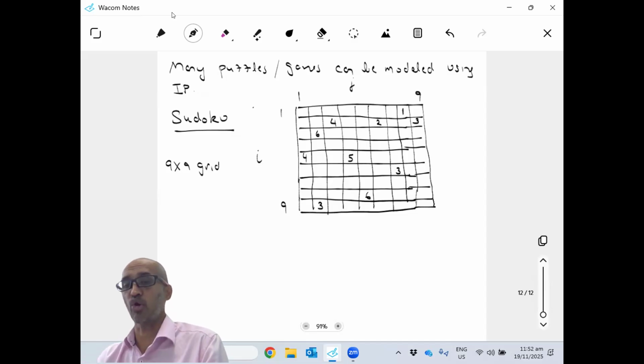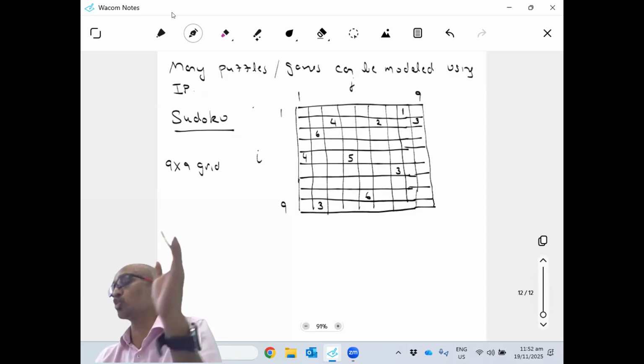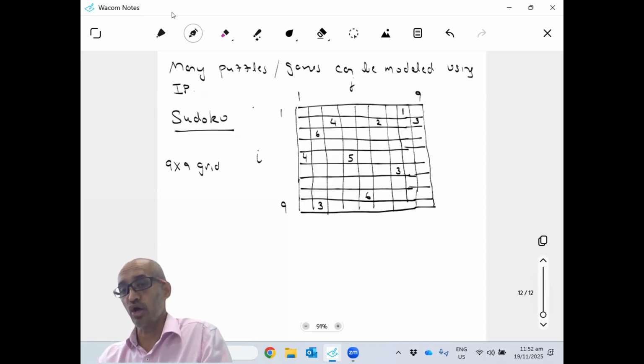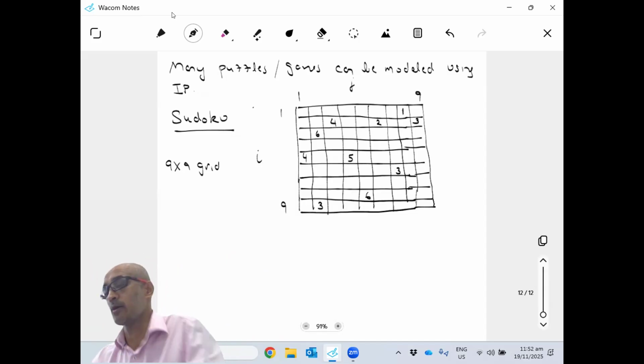So the number 1 has already occurred in row 1. So number 1 cannot occur anymore in row 1. So 2 to 9 have to fill up the others. But when you do this, you also ensure along every column, each number comes once. So you cannot put, for example, 4 here because 4 is already along this column. So I have to put 4 maybe here, but I can't put it here. I can put 4 here. Maybe, but then I have to check other things. That's the second rule.